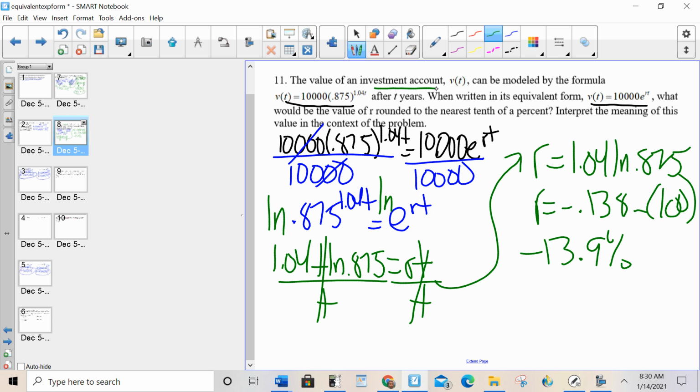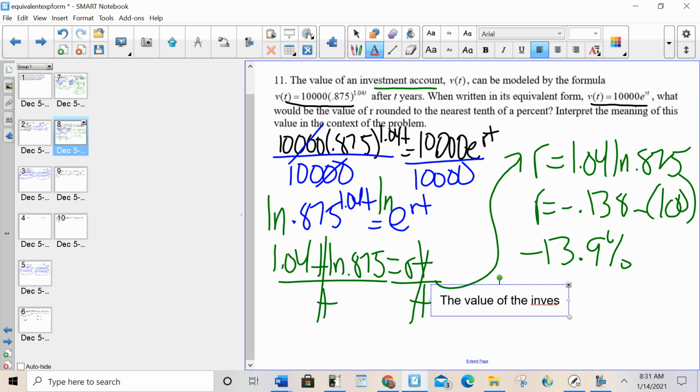So let's just type this out. The value of the investment is decreasing by 13.9% each year. Whoops. I guess this guy should probably pick a different thing to invest in because he's not doing too well. All right.